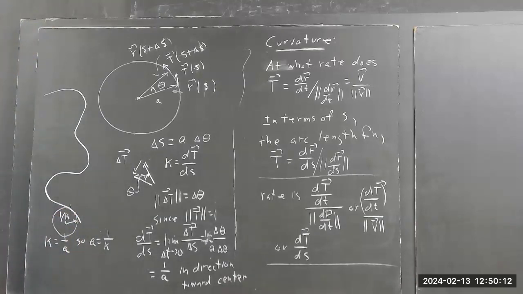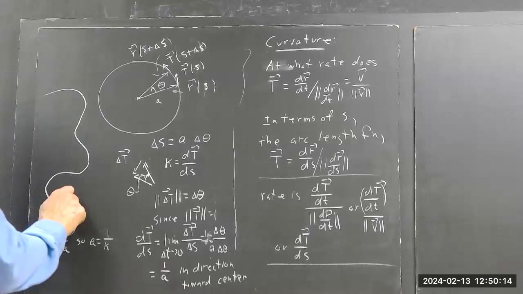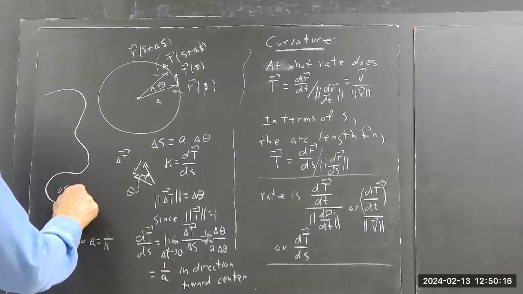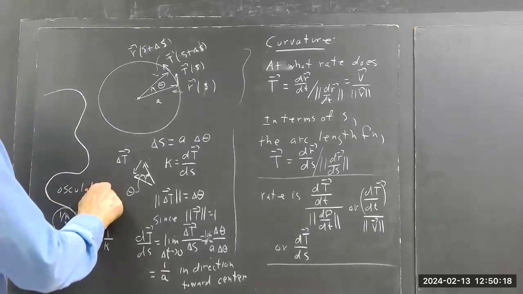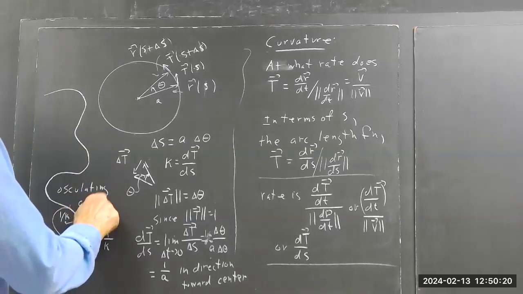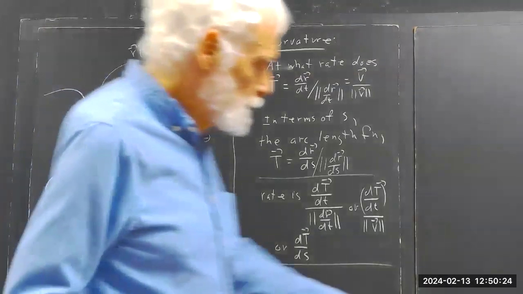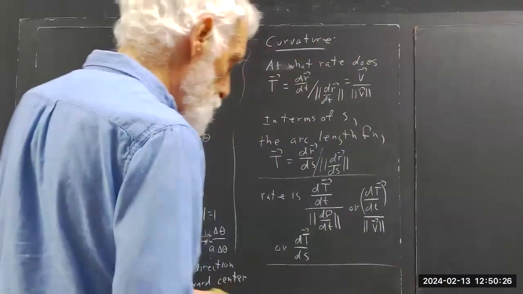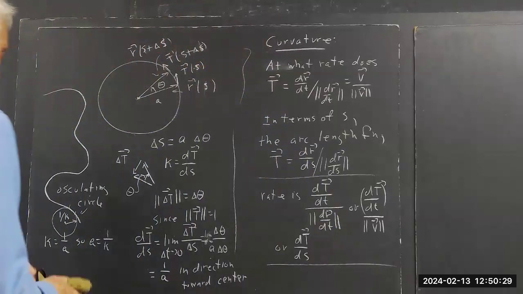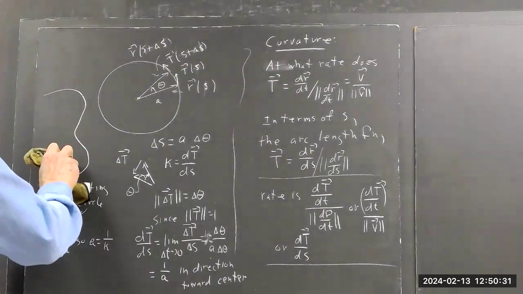This is the osculating circle. I just drew the meandering curve without thinking about where I was going to take the osculating circle.